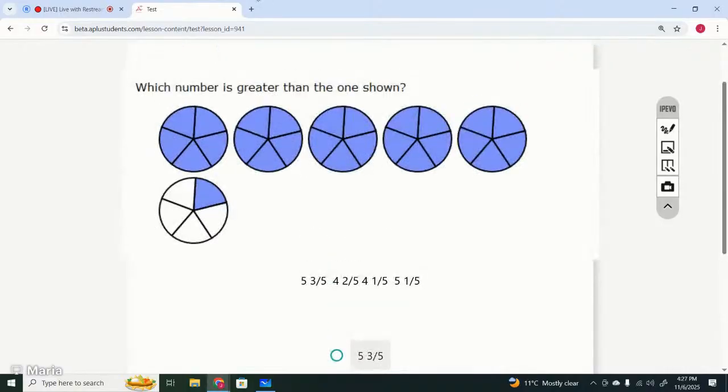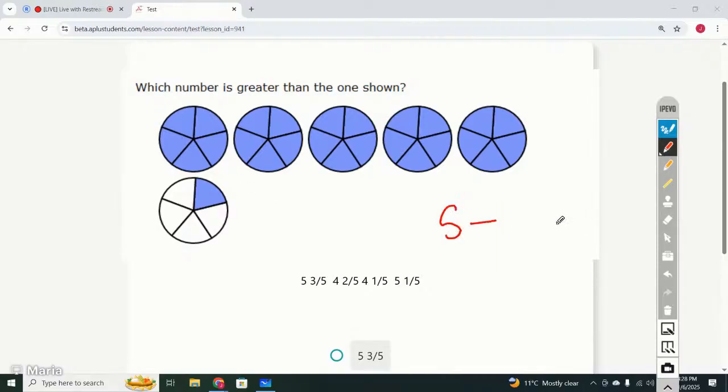Which number is greater than the one shown? 1, 2, 3, 4, 5.